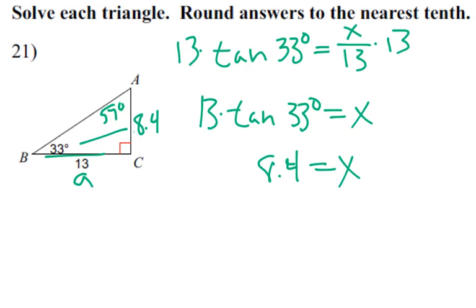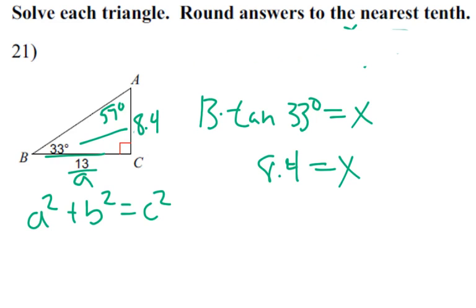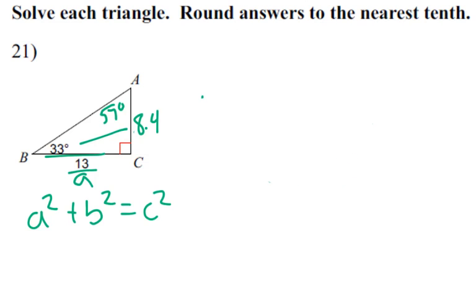Now, there's a few different ways I can find this next one. I could use the Pythagorean theorem, right? a squared plus b squared equals c squared. I've got a and b, I could find c. I could do that, but instead I'm going to use our trig, since that's what we're practicing. So we want to find that hypotenuse. So I can use either the cosine or the sine. I want to use my original numbers, 33 and 13.